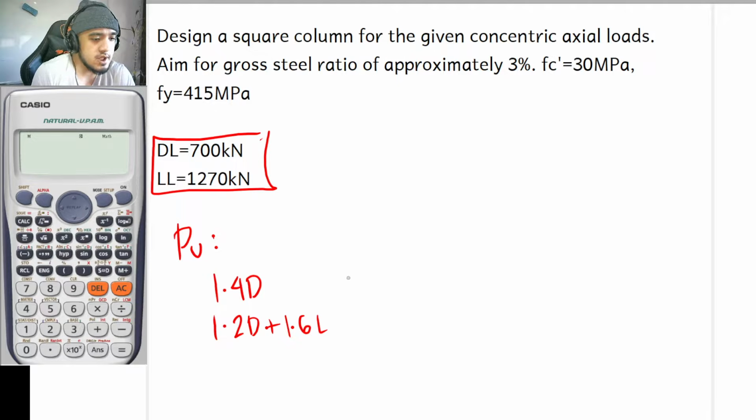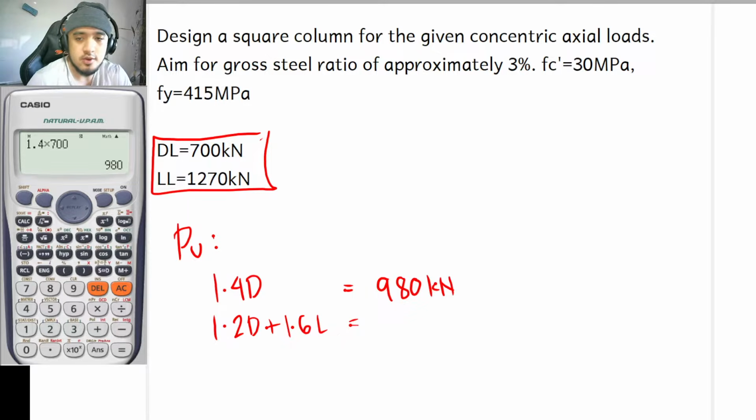Proceeding, just looking at the calculator, since you are already familiar with this method, for the first probable Pu, that is 1.4 times dead load, or 1.4 times 700, and that is 980 kilonewtons.